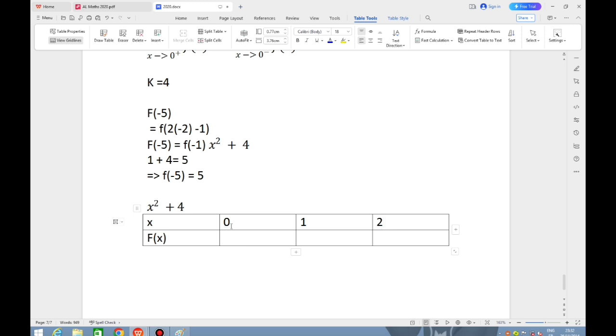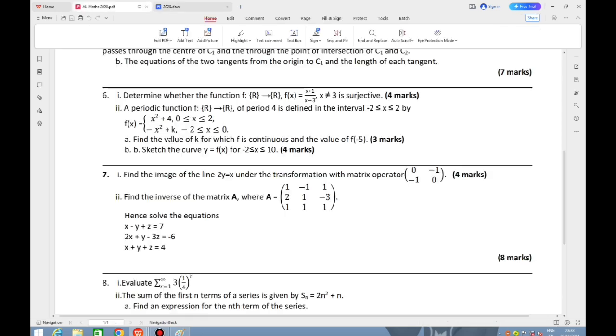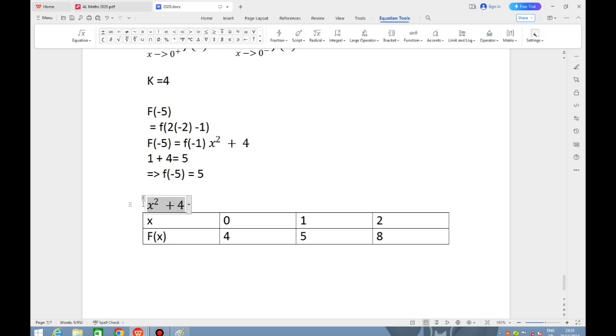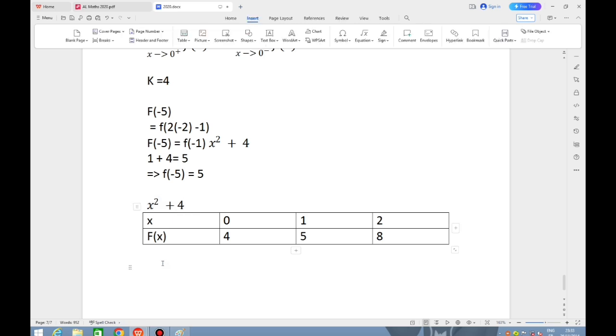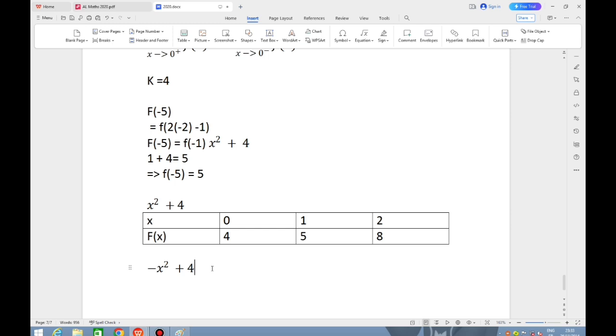Then when x is equal to 0, f of x is equal to 4. When x is equal to 1, f of x is equal to 5. When x is equal to 2, f of x is equal to 8. We're going to do the same for the second function, which is negative x squared plus k. So we draw a table, just do Ctrl C, Ctrl V, negative x squared plus k, k is 4, so it's basically the same thing.